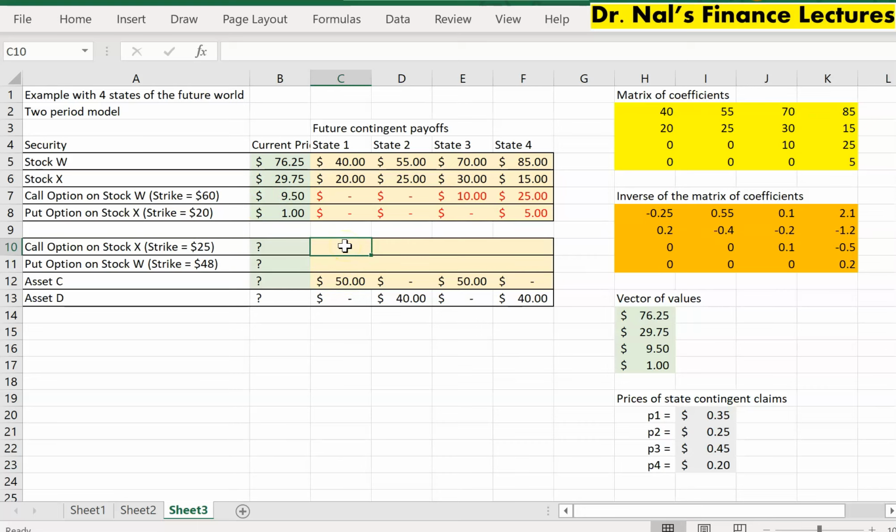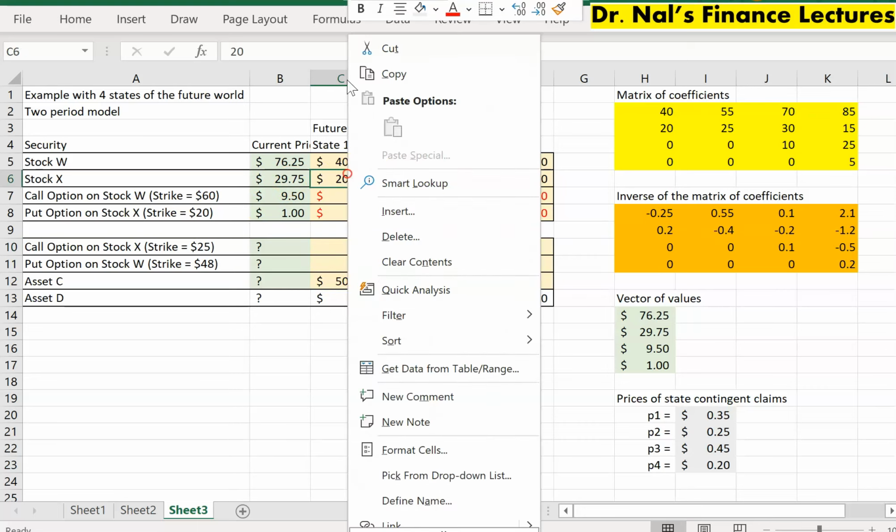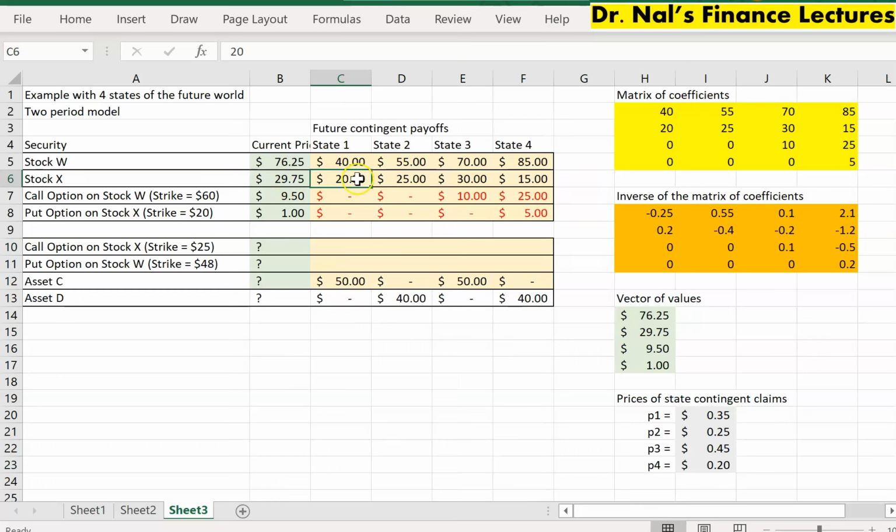If in future state 1 the stock is worth $20, you don't want to exercise your right, because you can simply purchase the stock at $20 from the market. Why would you exercise your right to purchase at $25 from the individual who signed the call option contract with you, right? You can think of the party which is selling you the call option contract like an insurance company.